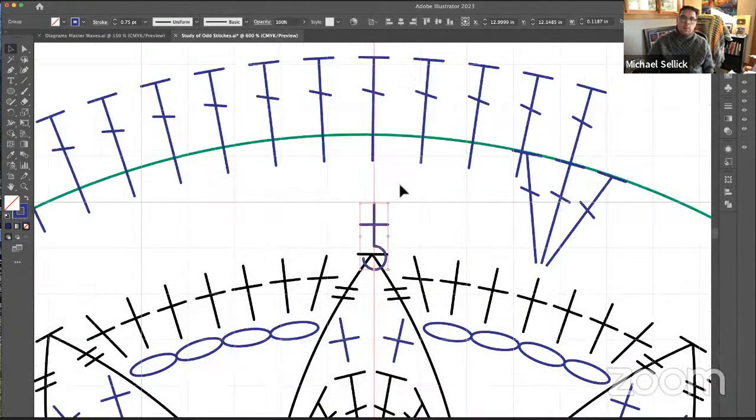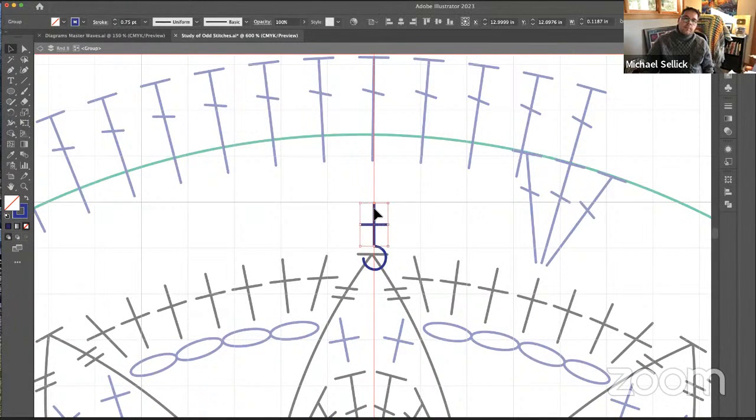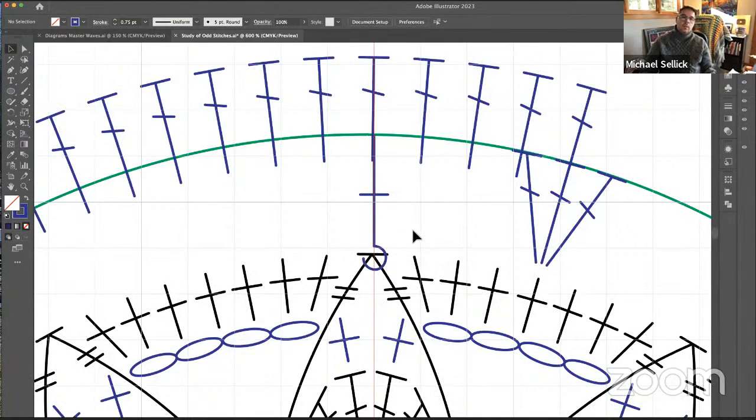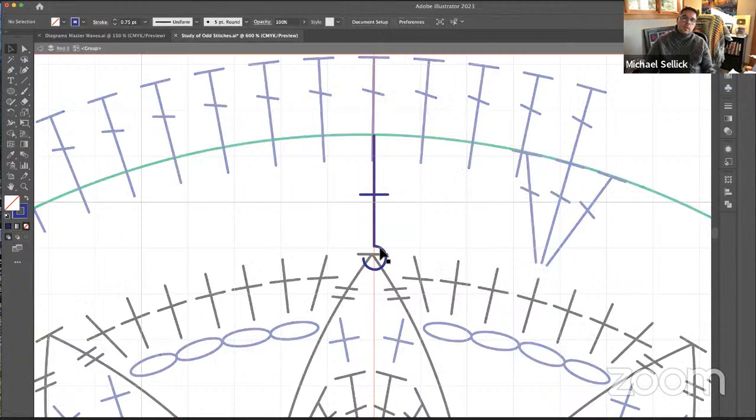So I'm going to make the whole stitch height the same as everybody else. So we got that, and then so I can see that.